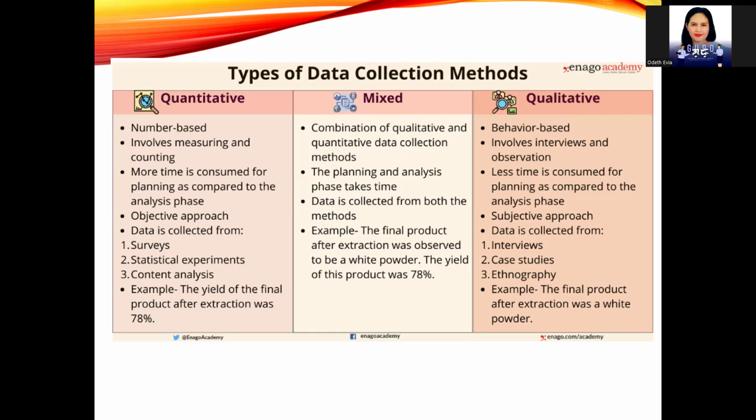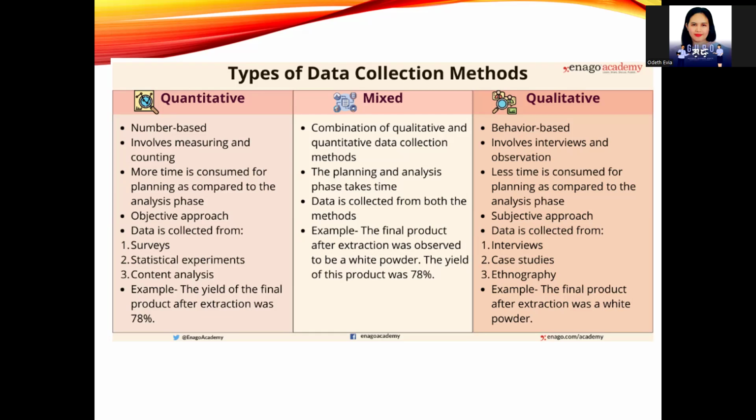For example, 5 is equivalent to strongly agree or outstanding, 4 is agree, 3 is neutral, 2 is disagree, and 1 is strongly disagree, or not outstanding or poor. So that's the typical Likert scale that is used for surveys.